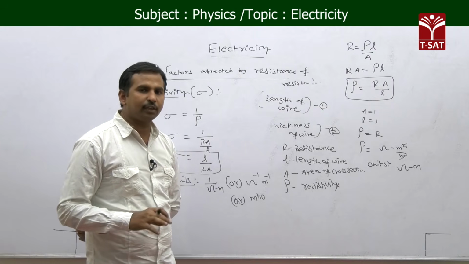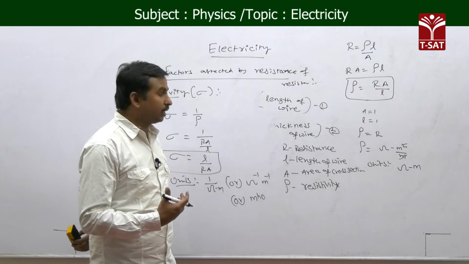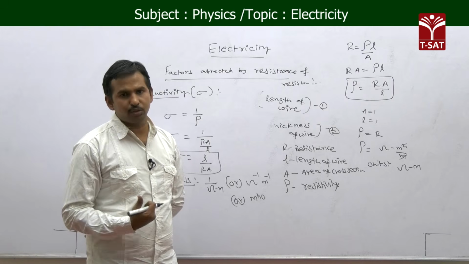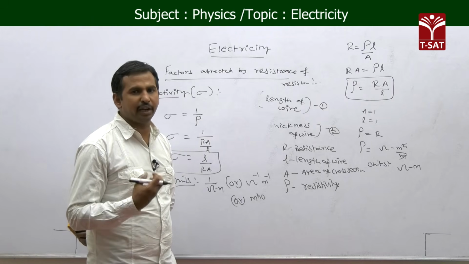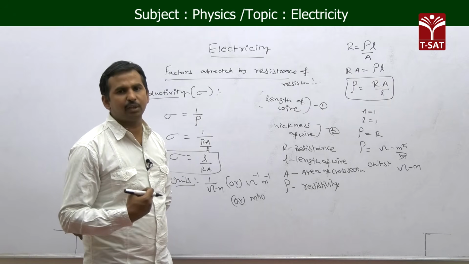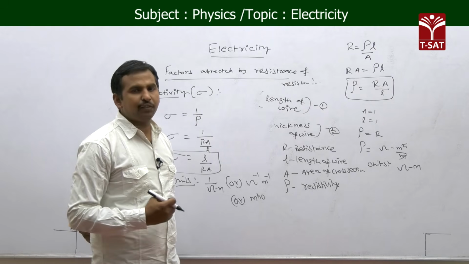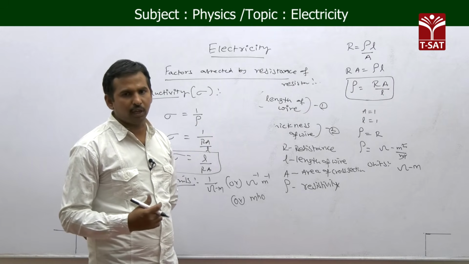For an ideal conductor, the conductivity value becomes infinite, so the resistivity becomes 0. In the same way, if the resistance is infinite for an ideal resistor, then its conductivity, 1 by infinite, becomes 0. That is about the conductivity and resistivity of the given conducting wire.